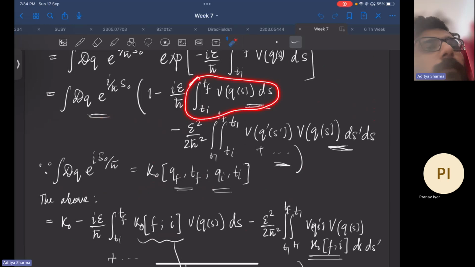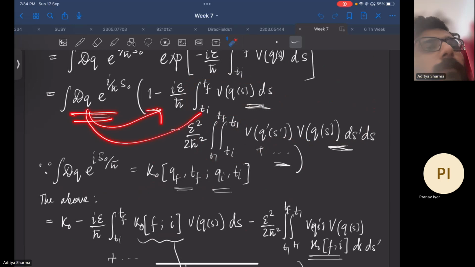This is a finite integral. You'll get some value. All this is a finite integral. So the kernel is here; it gets integrated and goes inside. I have put the kernel inside the integral.